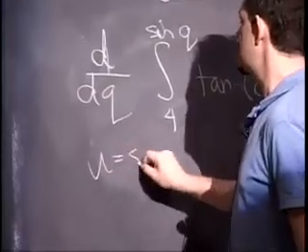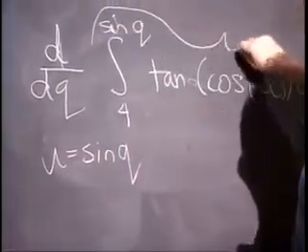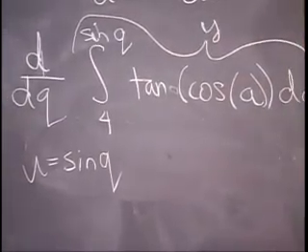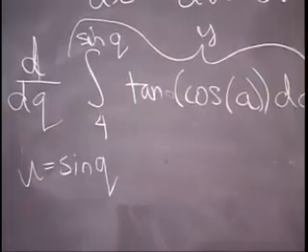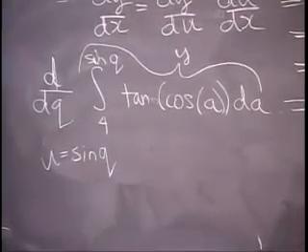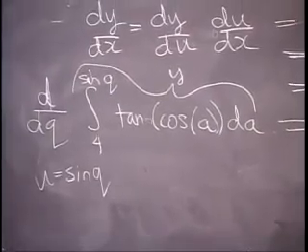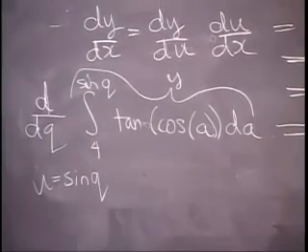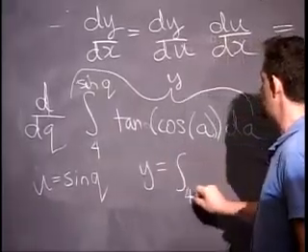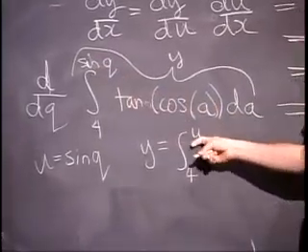U equals sine q, and I'm going to call this expression here y. I'm not going to write it out again. I've got to leave something for you, although this is all in section 17.5, I guess it's 3. Sorry, I don't have the exact reference, but it's variation 2 within 17.5. So if I call this y, then y is equal to the integral from 4 to u, because I've changed sine q into u.